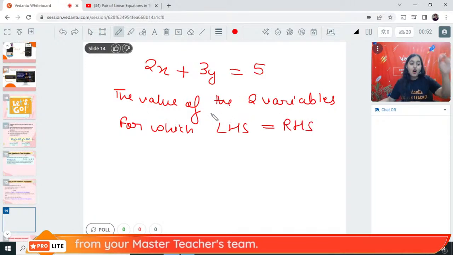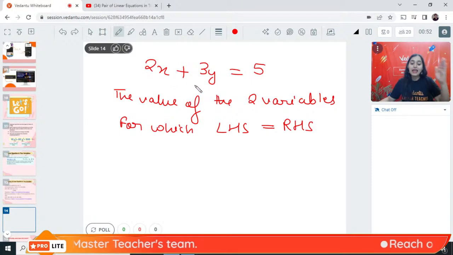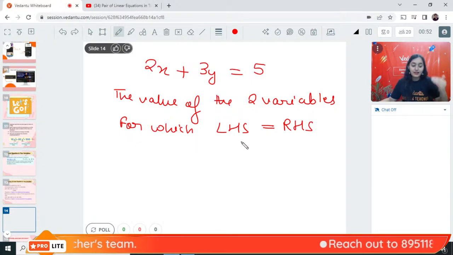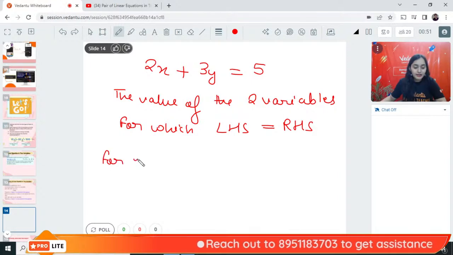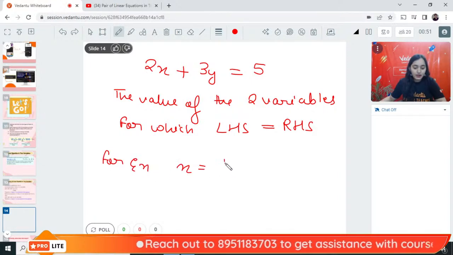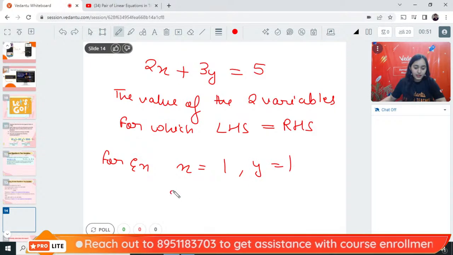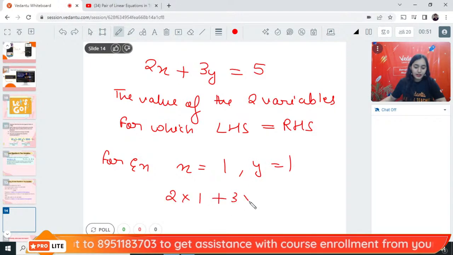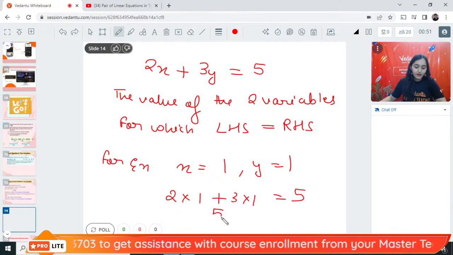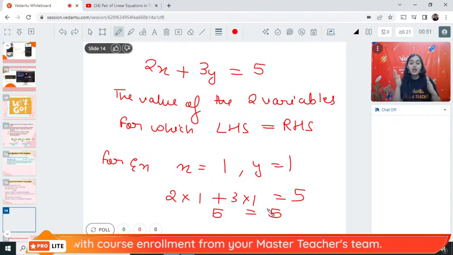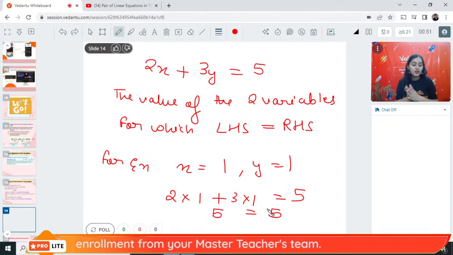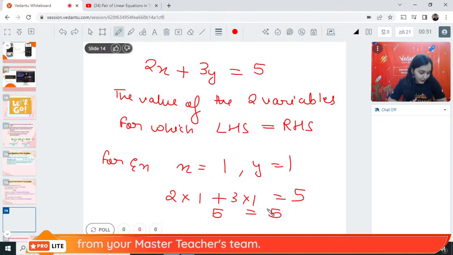The value of the two given variables x and y for which left hand side becomes equal to the right hand side. For example, if x is equal to 1 and y is equal to 1, 2 into 1 plus 3 into 1 will be 5. 5 is equal to 5. Hence, proved left hand side is equal to right hand side. So, the value of two variables for which LHS is equal to RHS is called as solution of the equation.